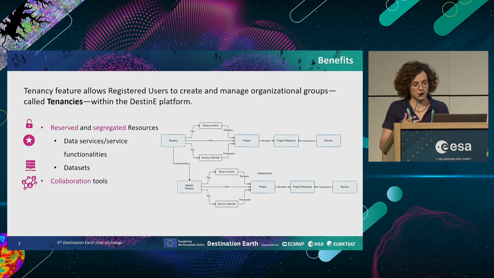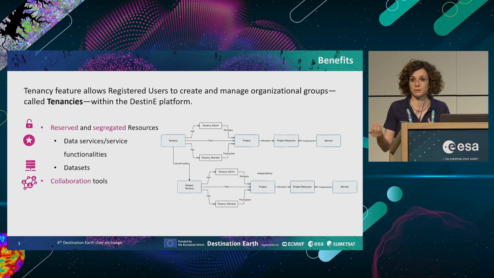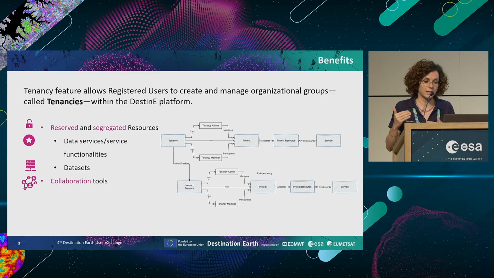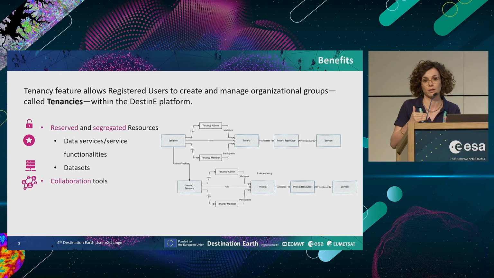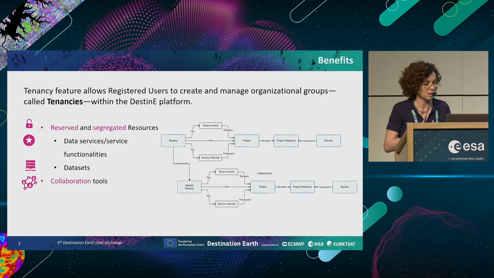And as I was introducing, this new model introduces collaborative access to services. I mentioned the word resources many times, so just to clarify what we mean. On the platform, the concept of resources is defined in compliance with the Data Spaces Support Center blueprint architecture, because we are aligning the architecture of the platform as much as possible to this set of specifications.